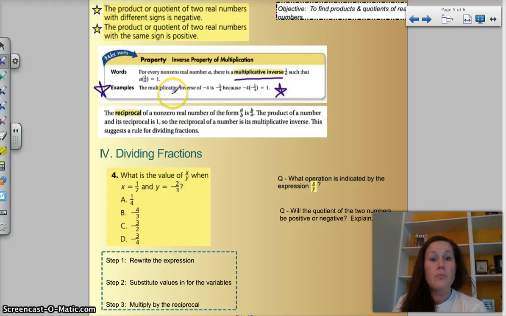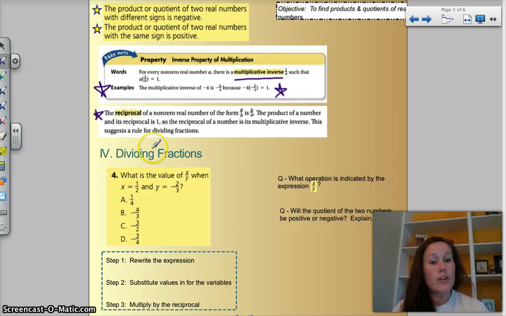So, the multiplicative inverse of -4 is -1/4, because when I multiply those two together, I get 1. So that can also be called a reciprocal here. A reciprocal of a non-zero real number is basically, you just flip it over. There's a lot of gobbledygook right here. You just flip over the number and that's your reciprocal or multiplicative inverse.